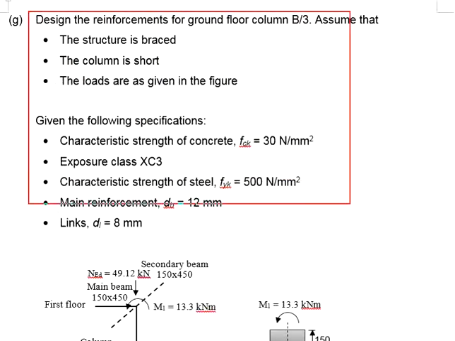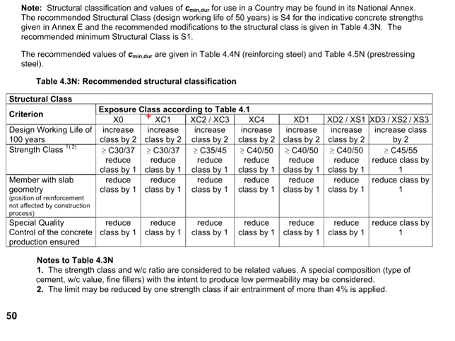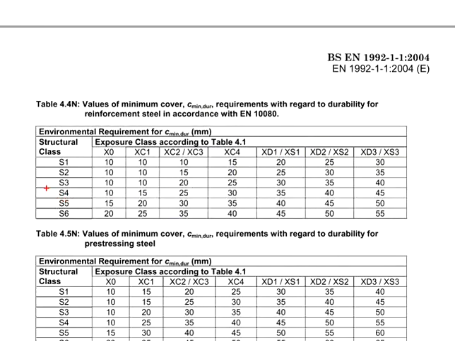Since the question is silent about these conditions, we will assume that there is no adjustment. This leaves us with structural class S4, and the c_min,dur shall be equal to 25 mm.